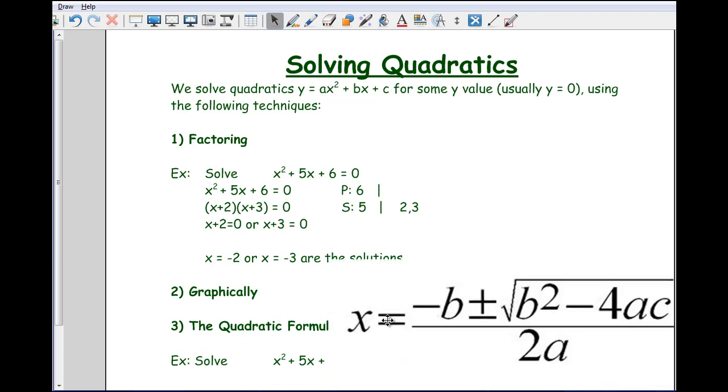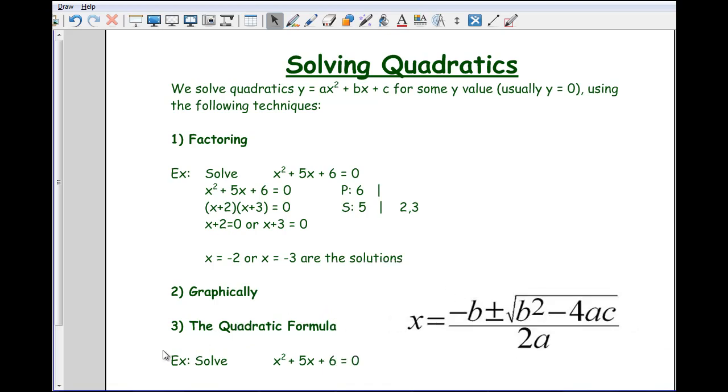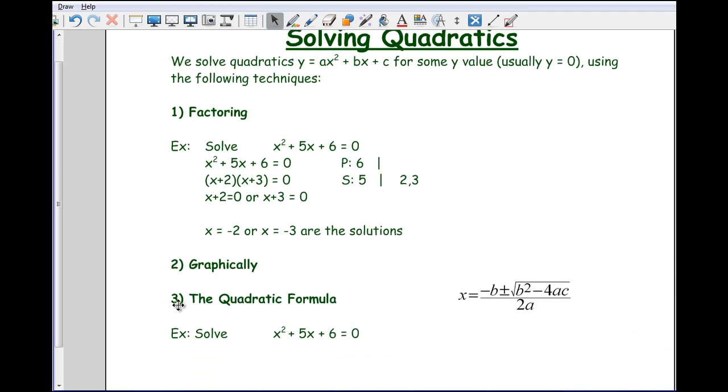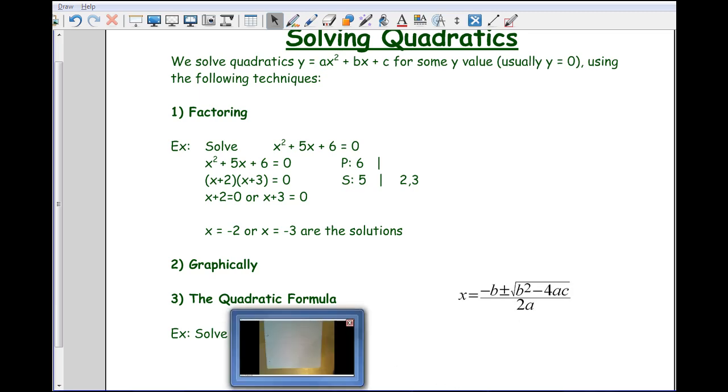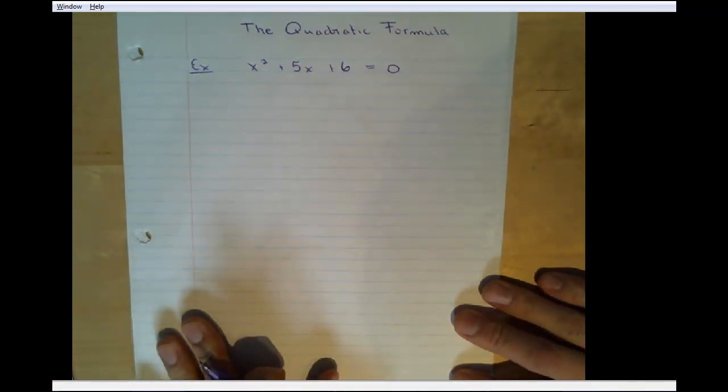Okay, so the quadratic formula here, we're going to use it now to solve the same quadratic from the factoring example. So solve x squared plus 5x plus 6 equals 0. So the first thing you need to think about, what are my a, b, and c values from that quadratic? Okay, so right away, same quadratic here.